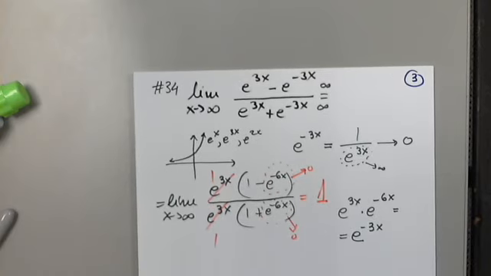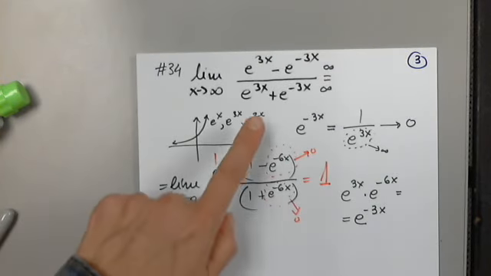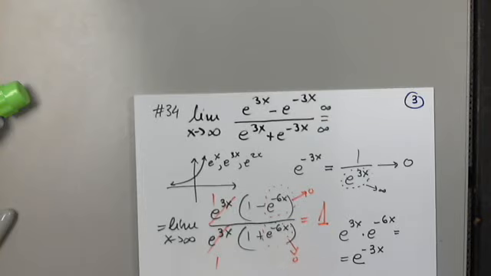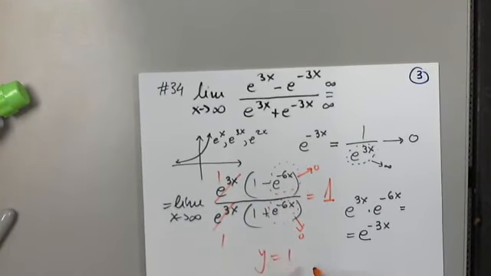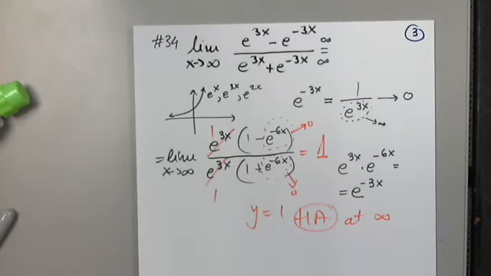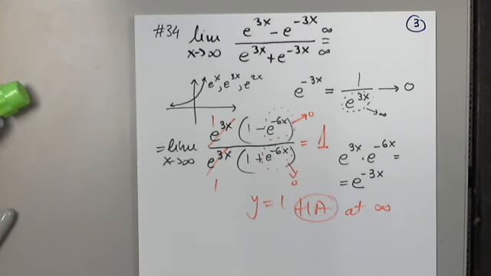Which means something about the function. When the limit of a function is a number, what do we know about this function? y equals 1 is a horizontal asymptote at infinity. It may be at the other end because we really haven't looked at it. I don't know. We have to check. But for now, I have to write infinity. Is this better? Okay, perfect.